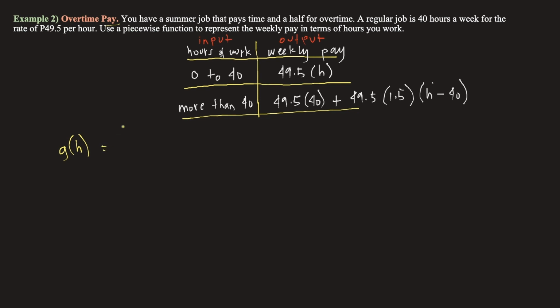So let's continue. In the first line will be our first condition. So that is 49.5 times h if you work between 0 to 40 hours. So 0 less than or equal to h less than or equal to 40.